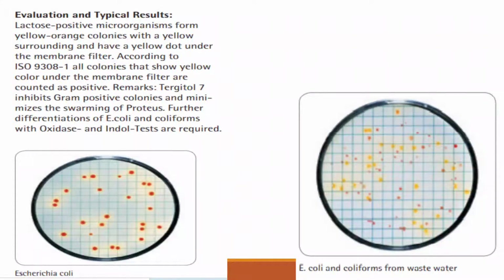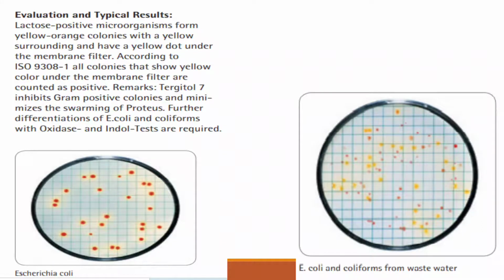So we can see that lactose positive microorganisms form yellow orange colonies with yellow surroundings and have a yellow dot under the membrane filter. Tergitol 7 inhibits the growth of positive colonies and minimizes the swarming of Proteus.